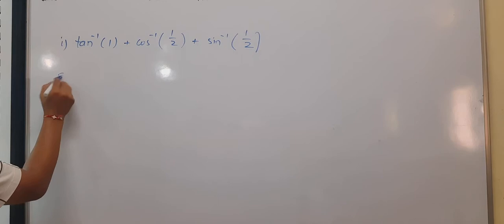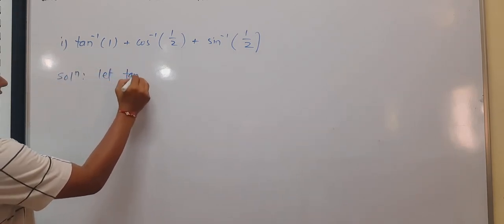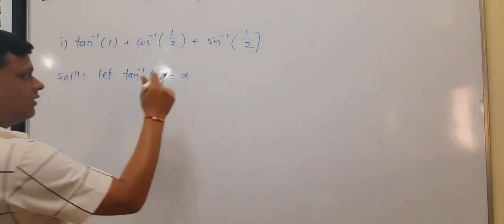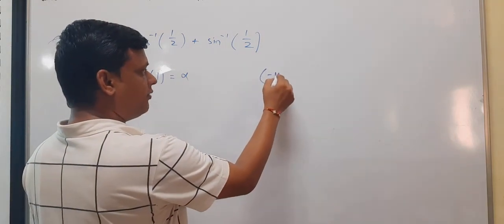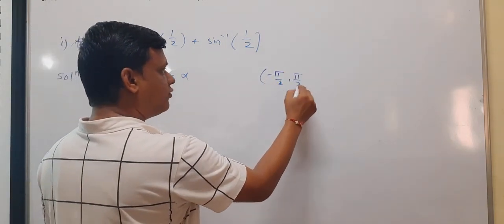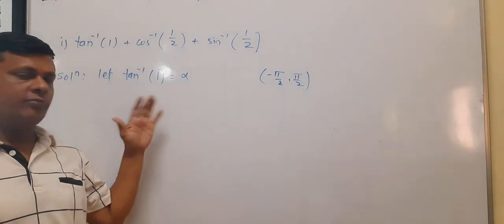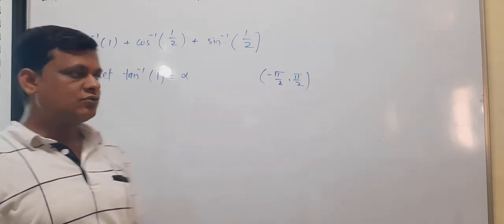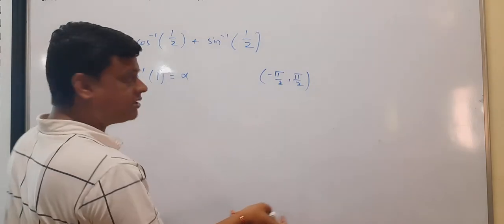Now see the first one. We write here in the solution, let tan inverse of 1 equal alpha. This alpha must belong to the open interval minus pi by 2 to pi by 2, because for tan inverse x the principal value branch is the open interval minus pi by 2 to pi by 2. So the value must be between minus 90 and plus 90.